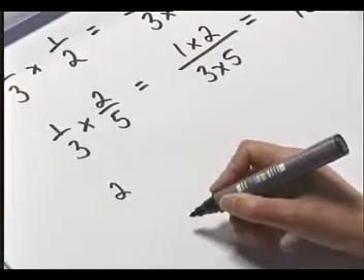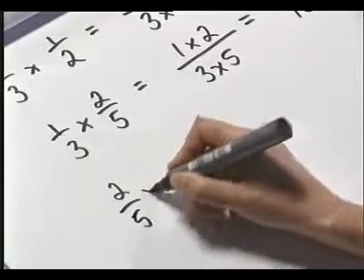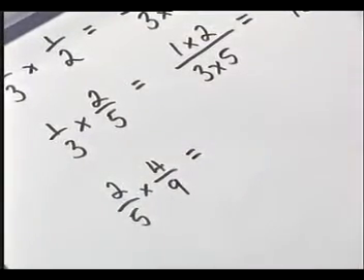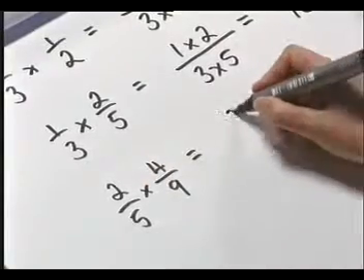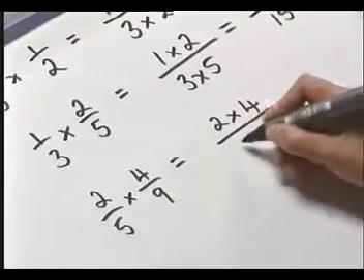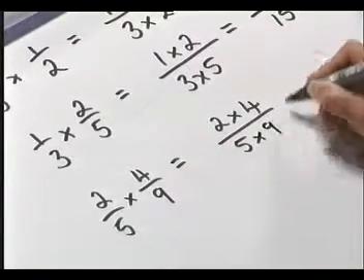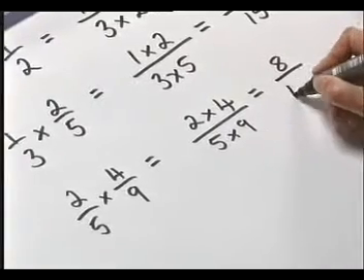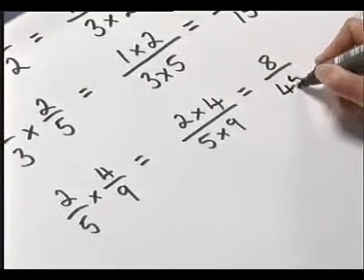Let's do a few more examples. Let's say we have 2/5 times 4/9. So what we're doing each time is we're multiplying the numerators together and we're multiplying the denominators together. 2 4s are 8, 5 9s are 45.